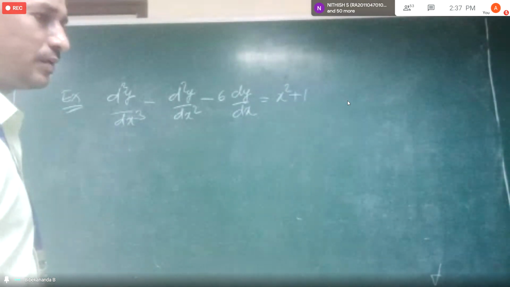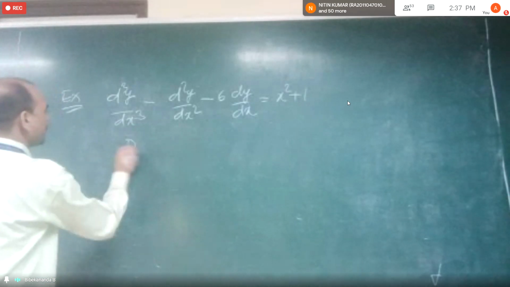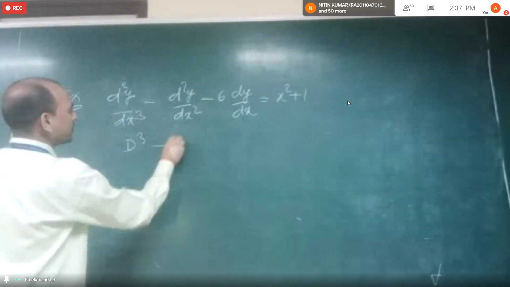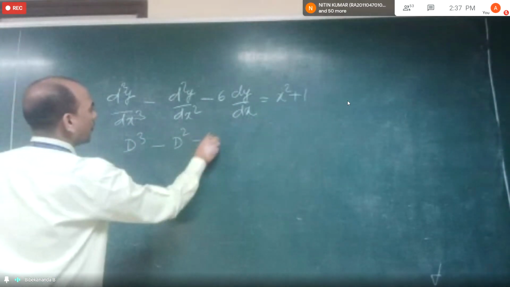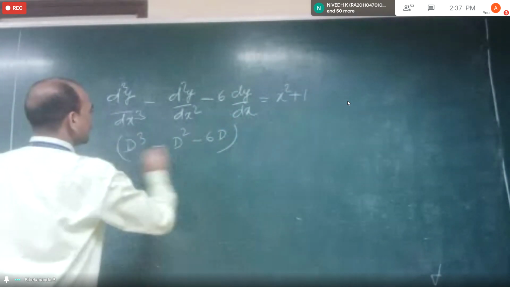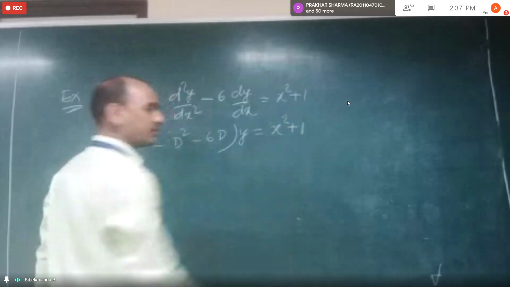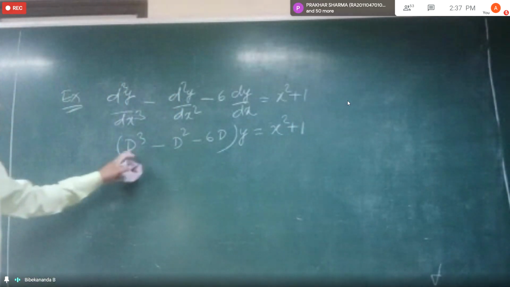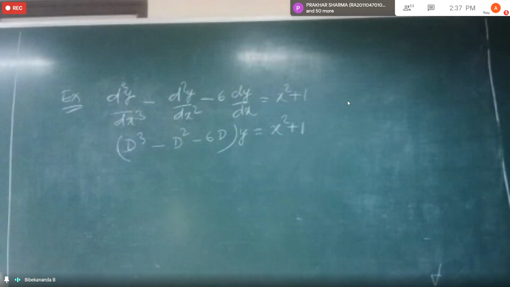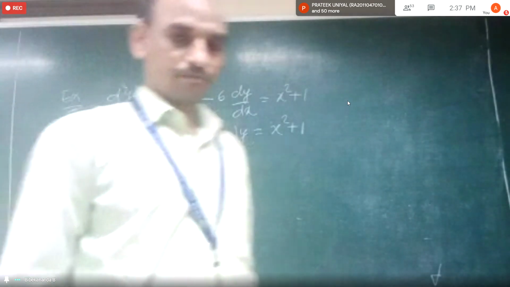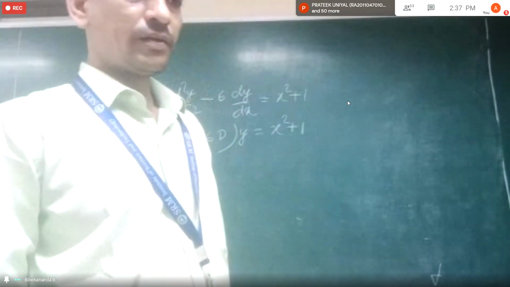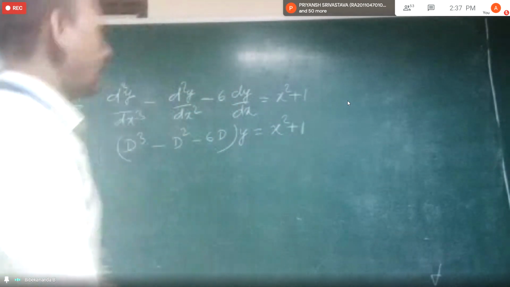D cube minus D square minus 6D, all into y, equals x square plus 1. Now what is the next step? Sir, the auxiliary equation.